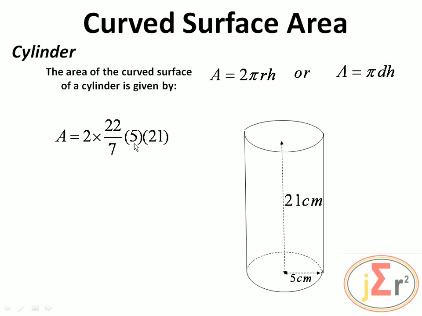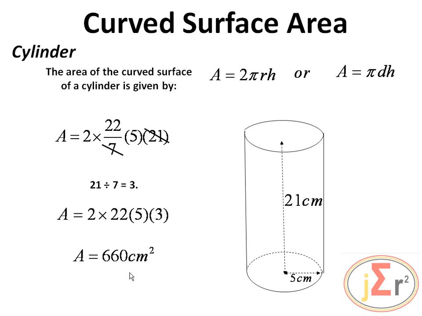The radius is 5, and the height is 21, and this simplifies quite easily. 7 into 21 is 3. So we have 2 times 22 times 5 times 3. Of course, we know that 3 times 22 is 66 and 2 times 5 is 10. So we have 660 centimeters squared.